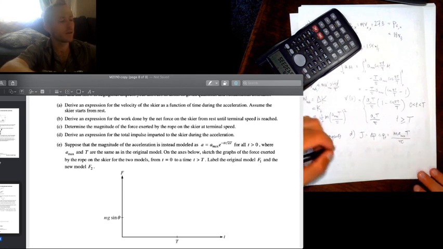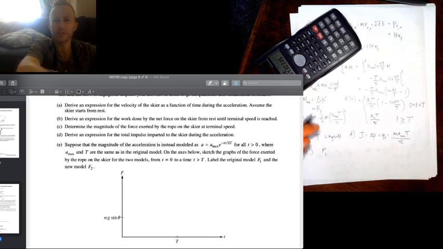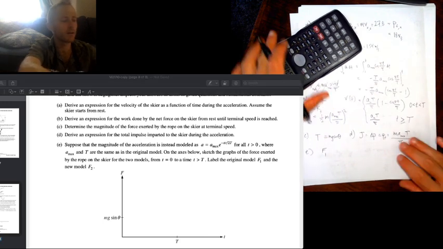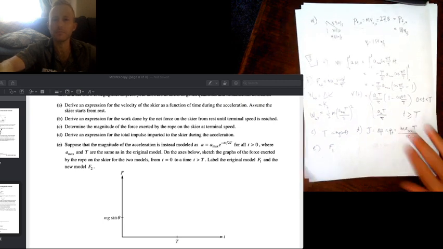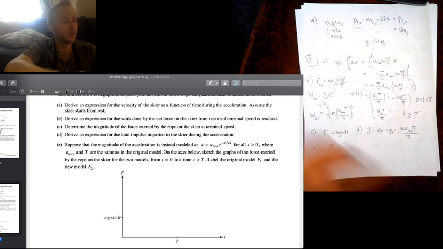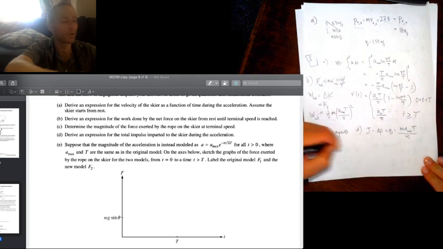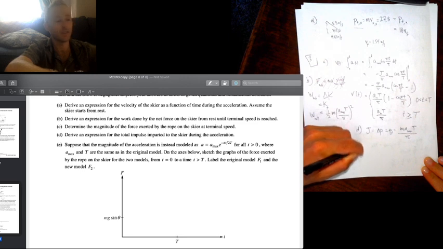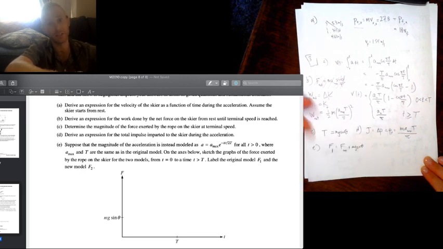So if I look at F1, I know that the tension in the rope is going to be the net force plus mg sine theta, because the net force is going to be tension minus mg sine theta.